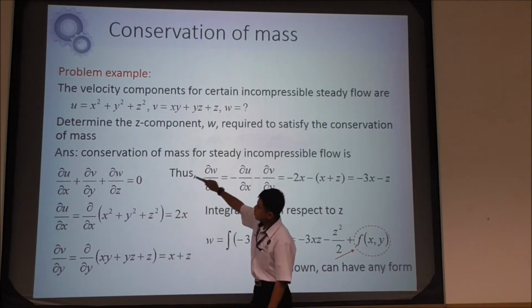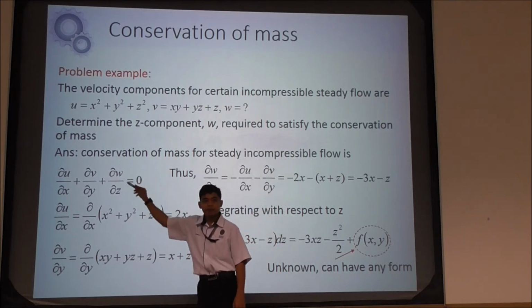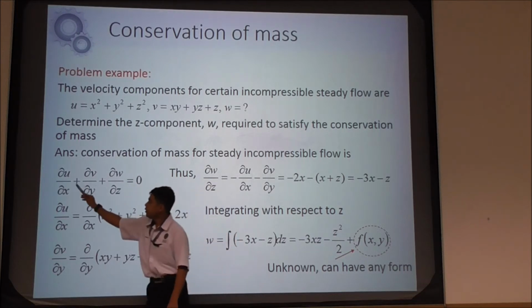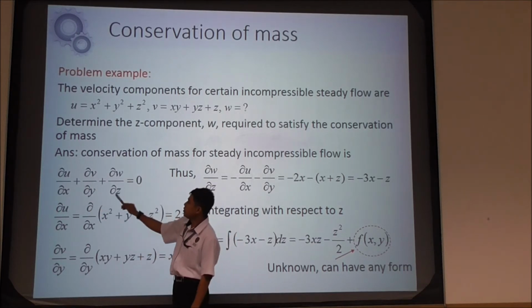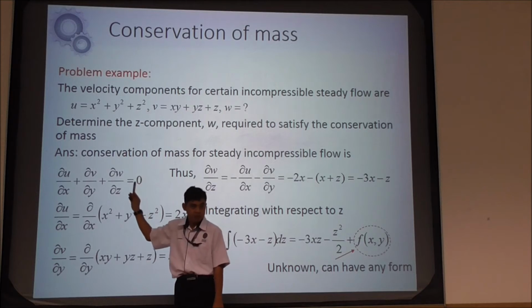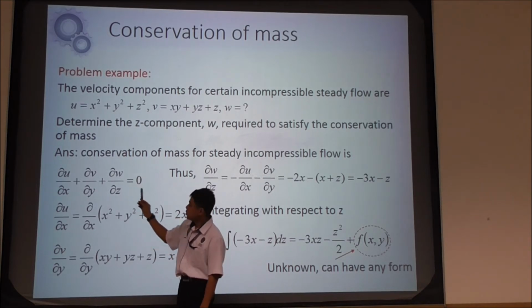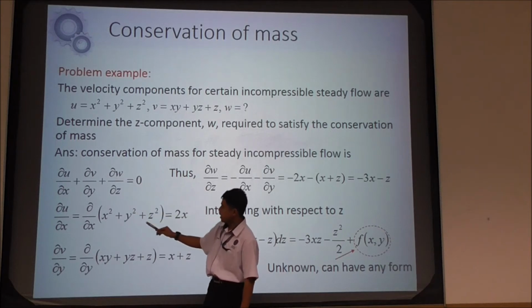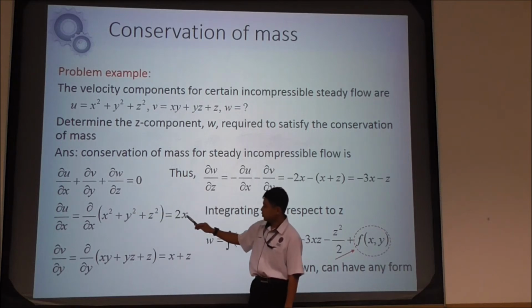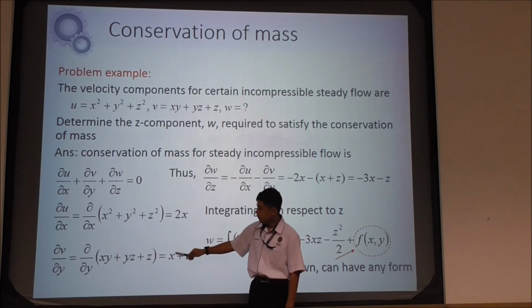So if you are given those u, v, w, you will have this. This is the characterization: du dx plus dv dy plus dw dz equal to 0. This is the requirement if you are having an incompressible flow. So you take u, du dx equals x.